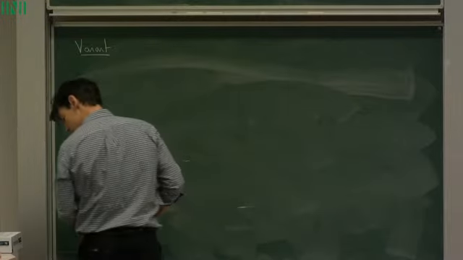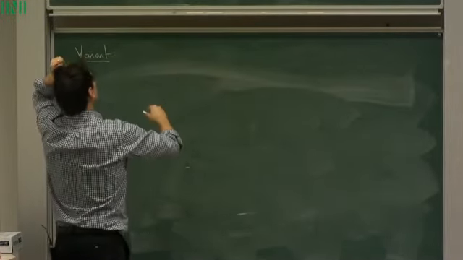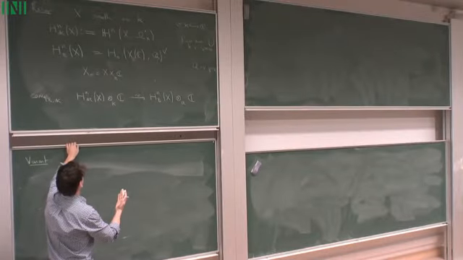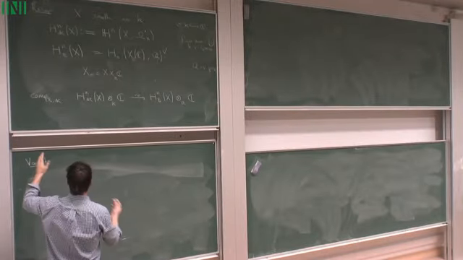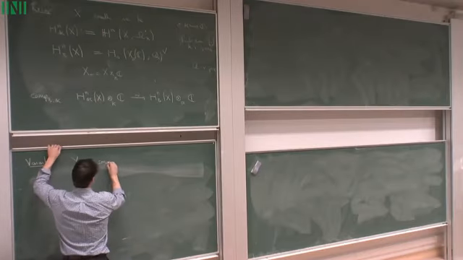All right, so now I'm going to change notations, which is going to be problematic. So X, now think of X as the complement of a normal crossing divisor in a smooth projective variety. So I'm going to call that Y, and I'm very likely to get my X and Y's mixed up, so please watch out for that. So from now on, Y is going to be smooth and projective.